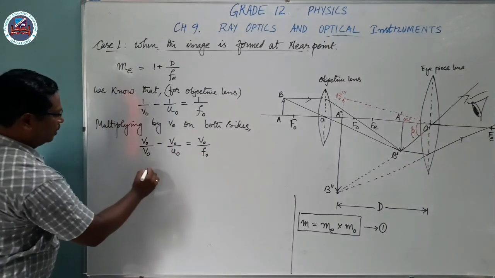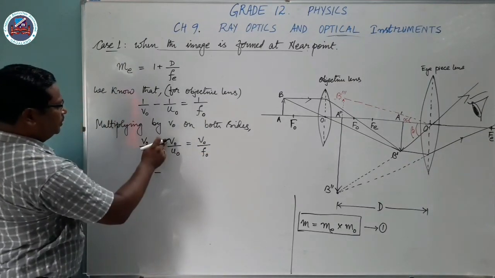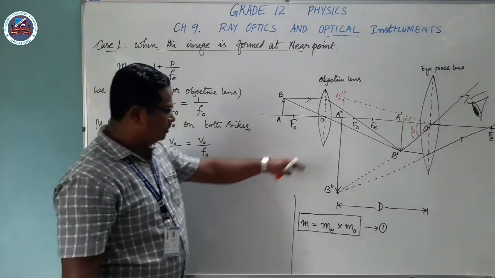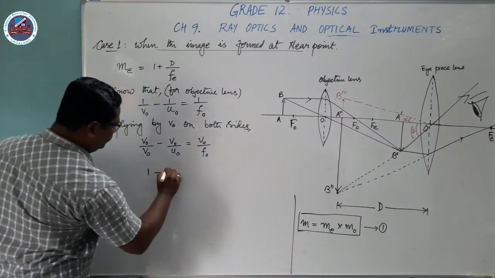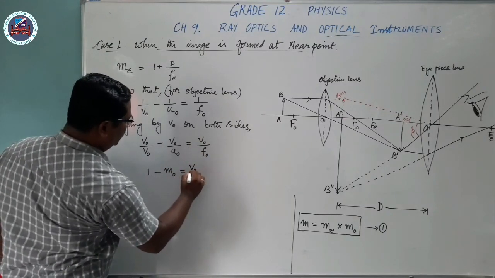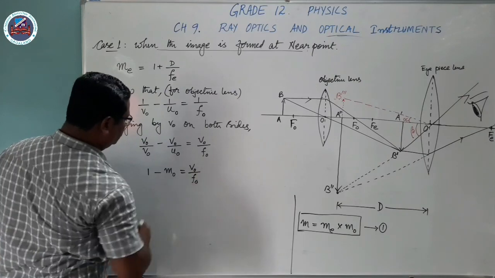This will give us 1 minus V0 by U0, which is the magnification of the objective lens. We can write it as MO is equal to V0 divided by F0.